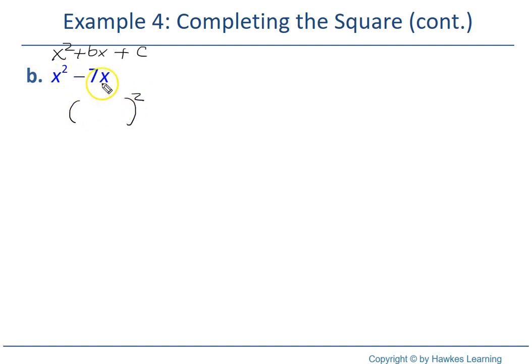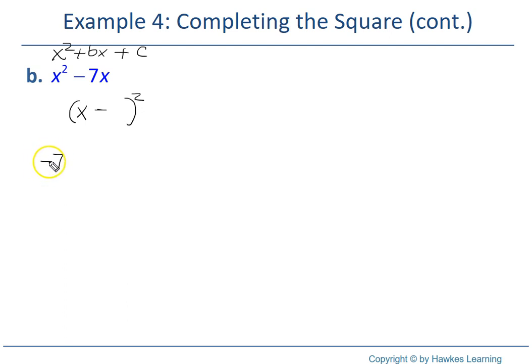So what can we fill in so far? Well, we know this is going to be x here, because x squared gives us our first term. And then this is going to be a minus now for a middle sign. Now for our b term, right now we have a -7.